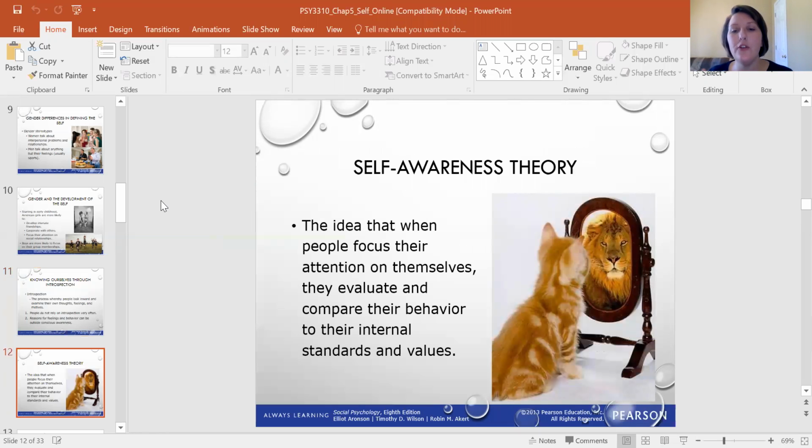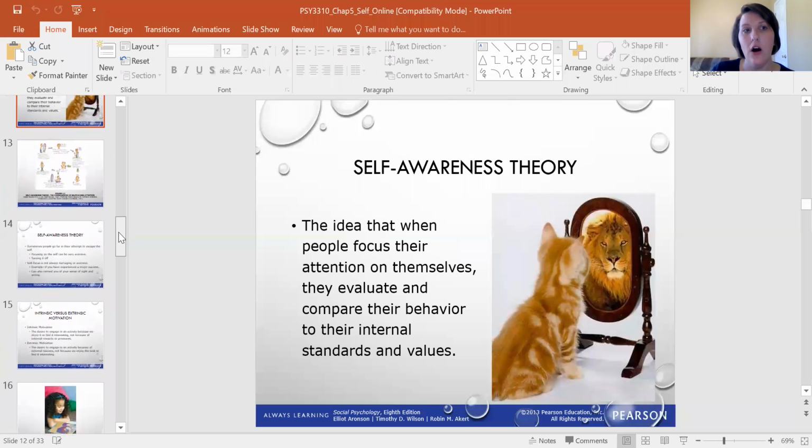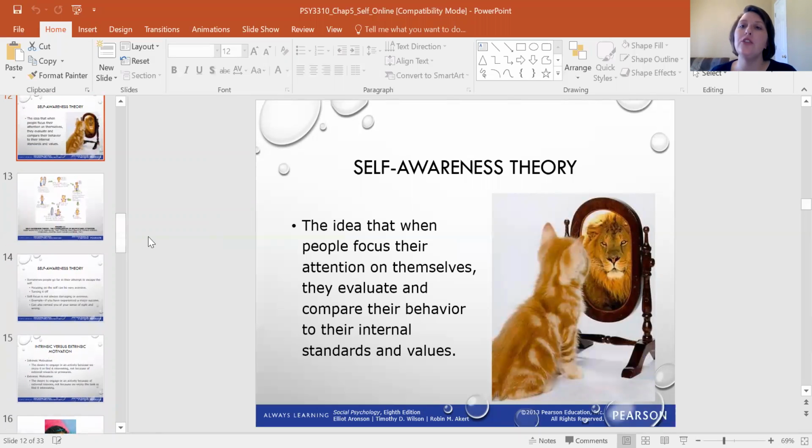Another thing that plays into this idea of introspection and thinking about yourself is self-awareness theory. We tend to evaluate ourselves when there is a spotlight shown on us, right? This could be like you are looking at yourself in a video.